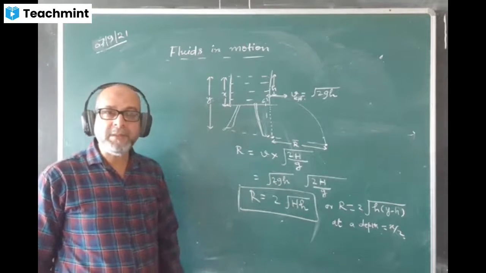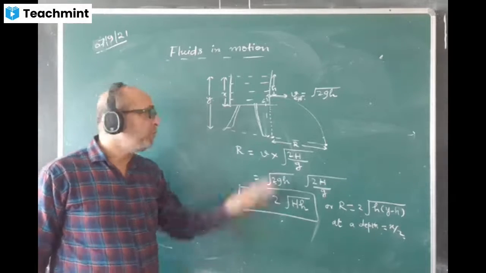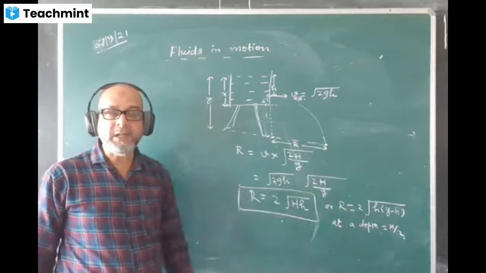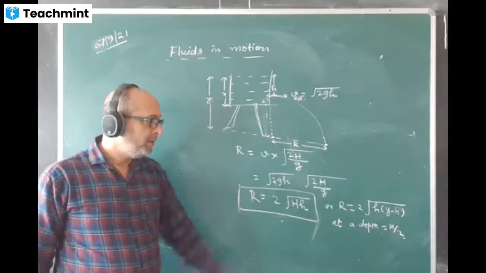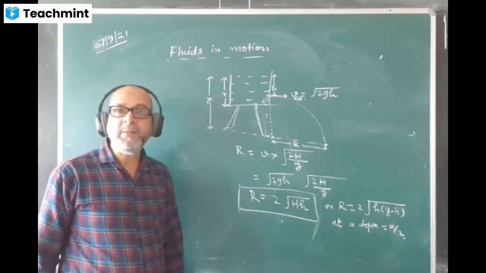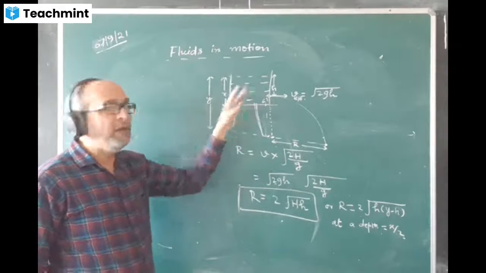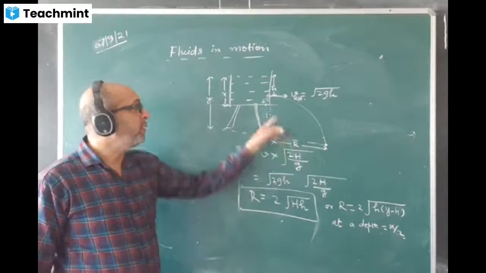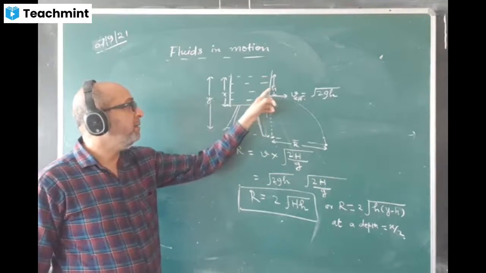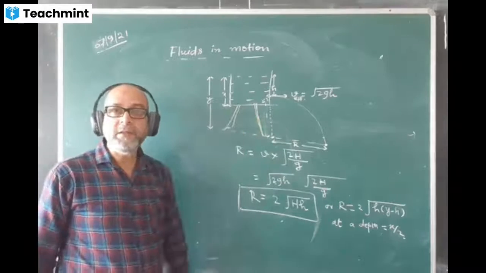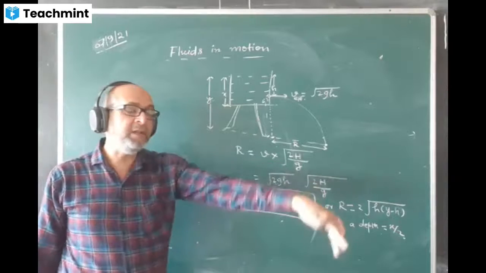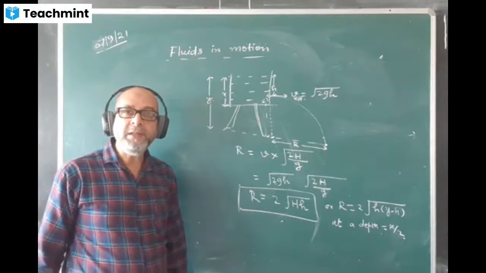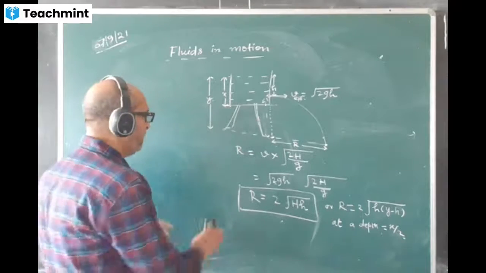In competitive exams you may get this question: what should be the depth of the hole for the liquid to strike the floor at the largest distance? Remember x by 2, half of the height of the container. When the hole is situated exactly midway in the container, the liquid will strike the floor at the greatest distance.